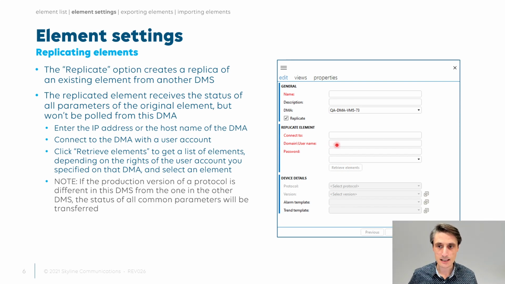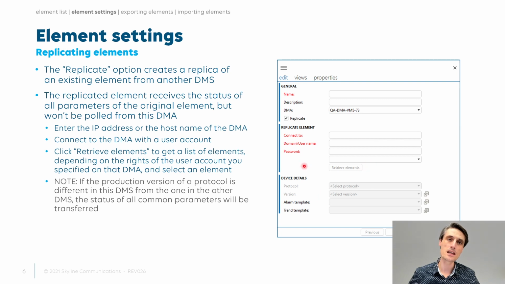Now, be aware that when you specify a username and password, the security of the user is of importance. If it's only a read-only user, you will never be able to do sets on here. If the user has effectively write access as well, you will be able to do write access in this DataMiner system as well, depending of course on your security rights in this DataMiner system.